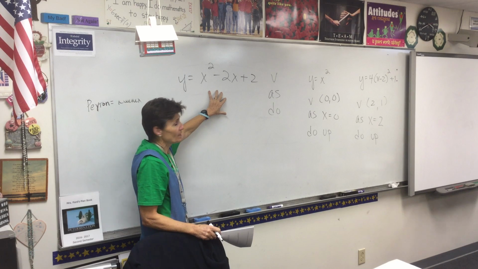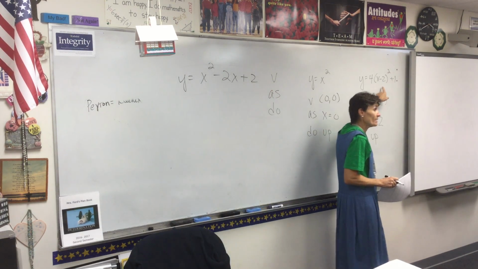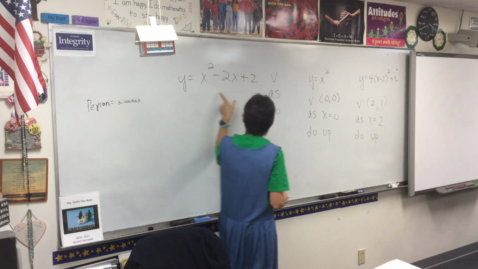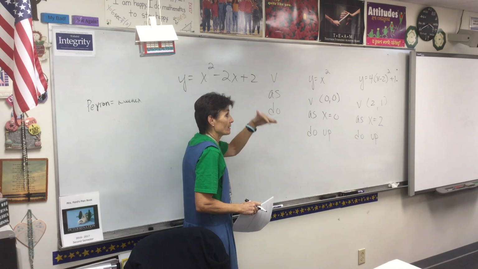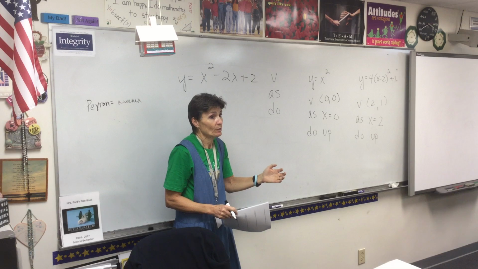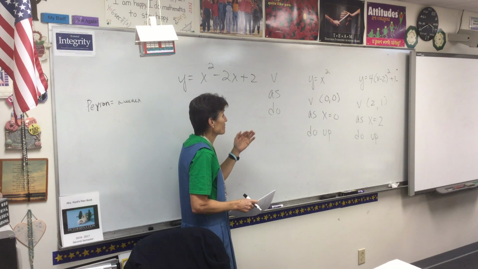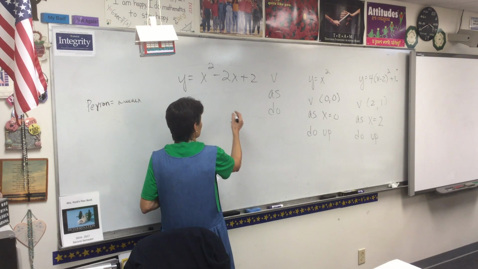Okay? Now, it was easy when the equation looked like this, right? So we're going to make this equation look like that. And the good news is you already know how to do it because we've already talked about the process of completing the square. So that's what we're going to do. We're going to complete the square.